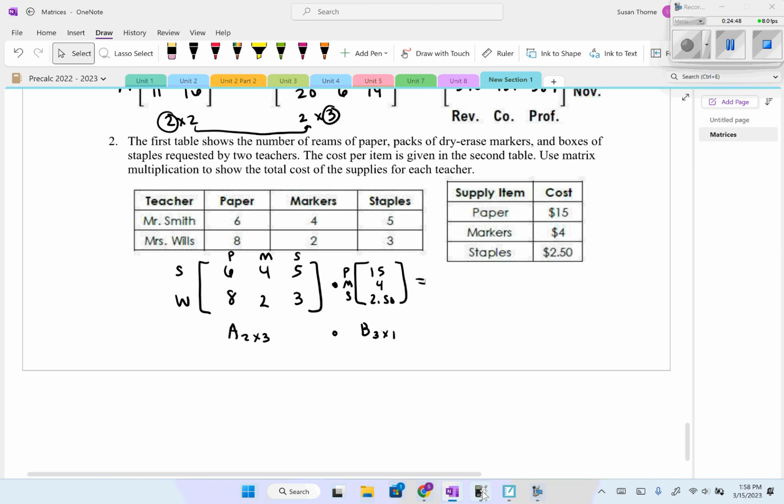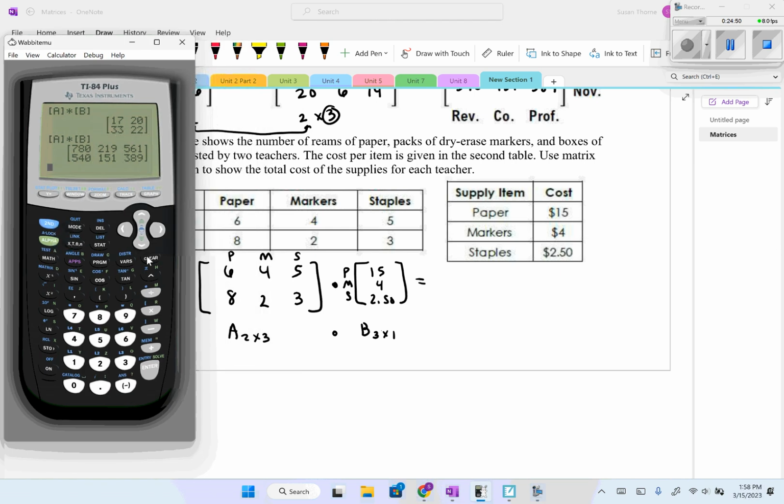So in your calculator, we're going to have to enter these in. So I'm going to enter that first one into matrix A. Let's go to edit. And that's a 2 by 3. So 6, 4, 5, 8, 2, and 3. And for the second matrix, now we're going to edit matrix B. And this is a 3 by 1 matrix.